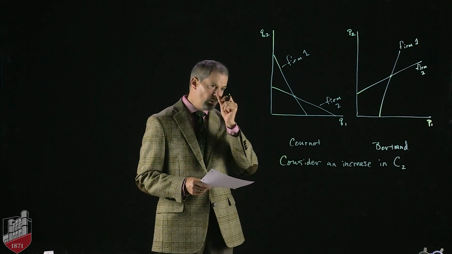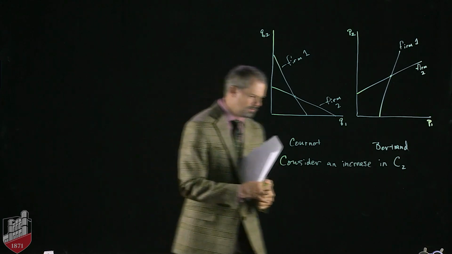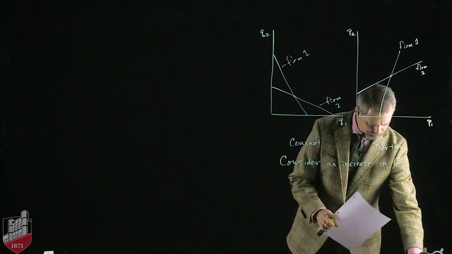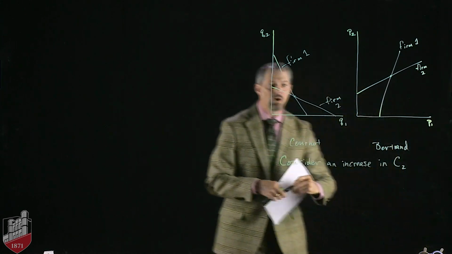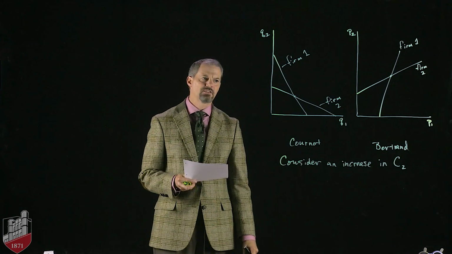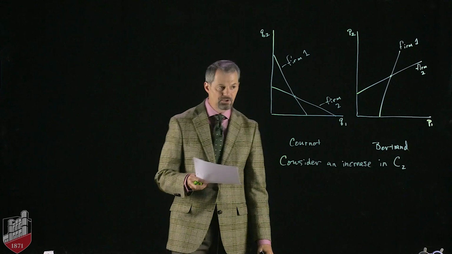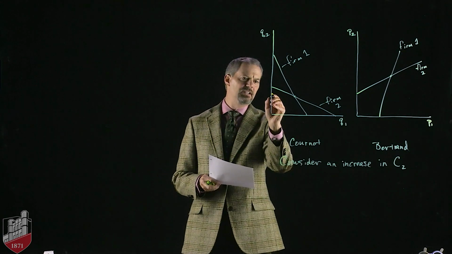Now, what we saw with the Cournot model was that that would shift firm 2's response function. And the way it would shift is that firm 2's response function would shift down.